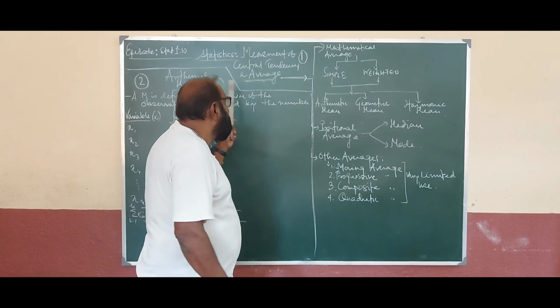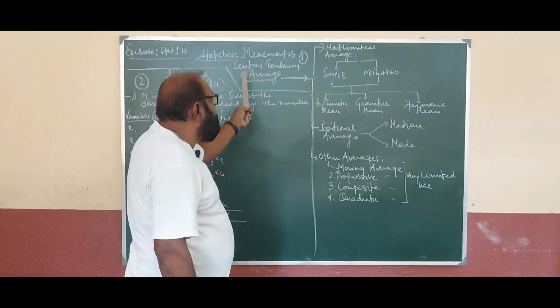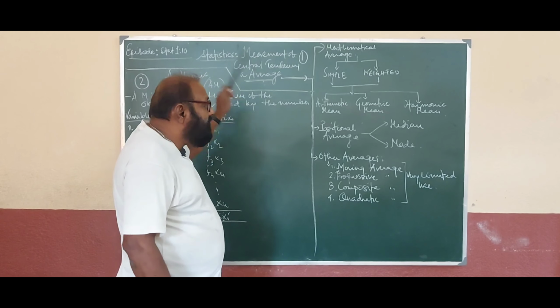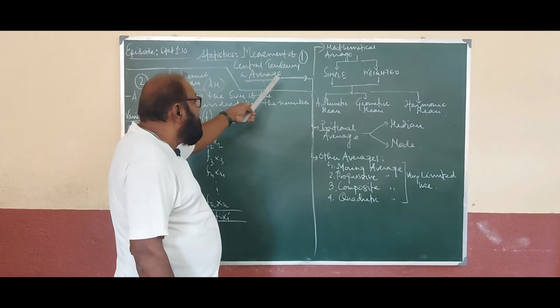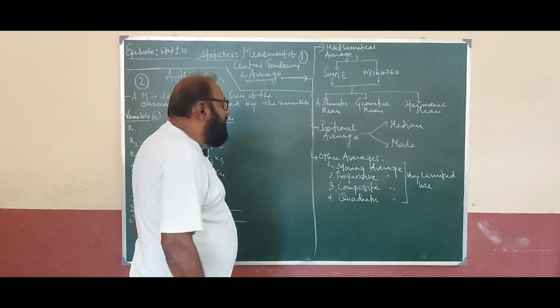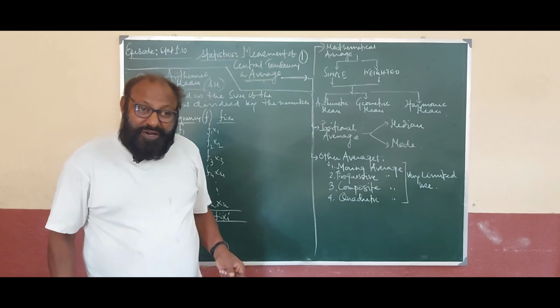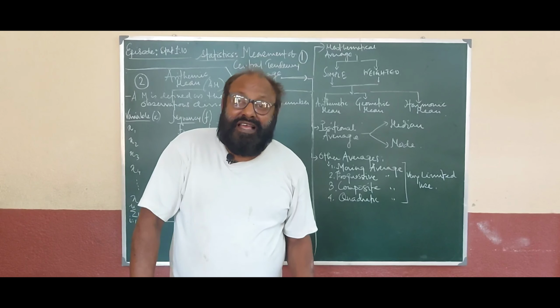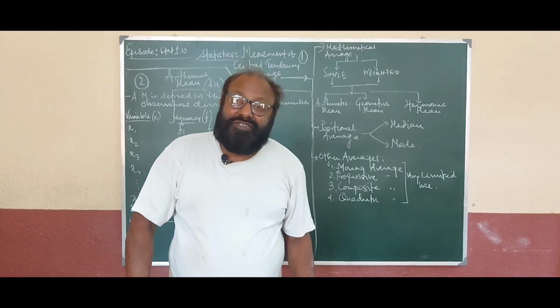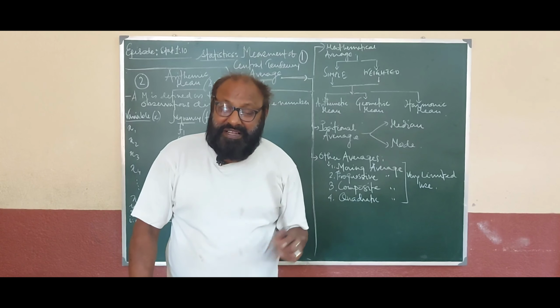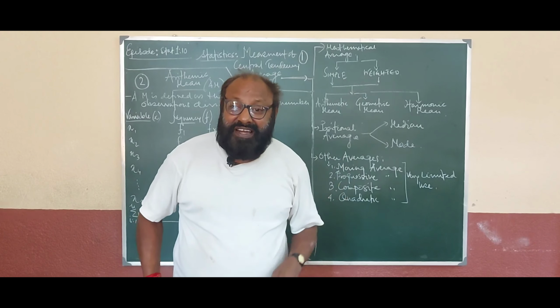So the measurement of central tendency or average has been spelled out clearly in my last class. Now average has three types. Average is the first order measurement, that is measurement of central tendency.